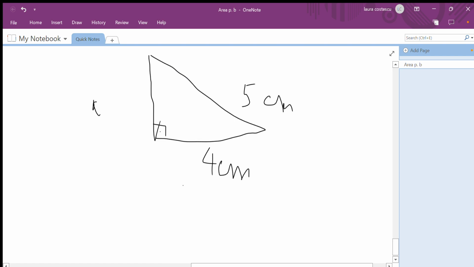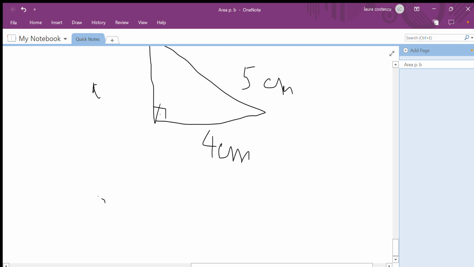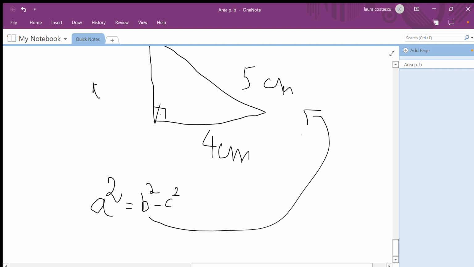Well, in order to solve this a, we've got to know that in this case a squared equals b squared minus c squared. And b is equal to 5 because 5 is bigger than 4, so we want the higher value to be b, and c is of course 4.